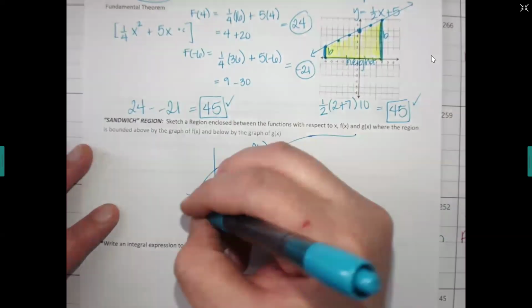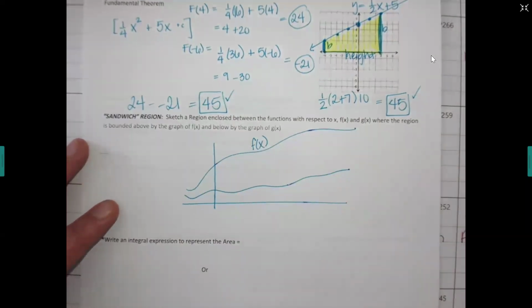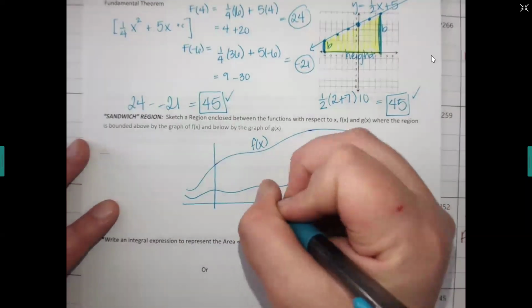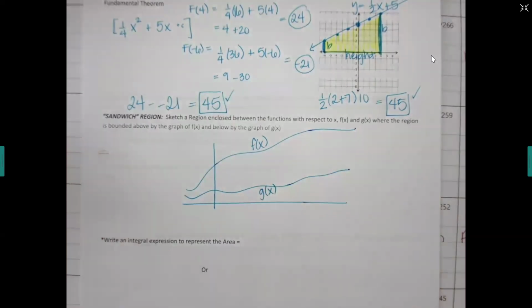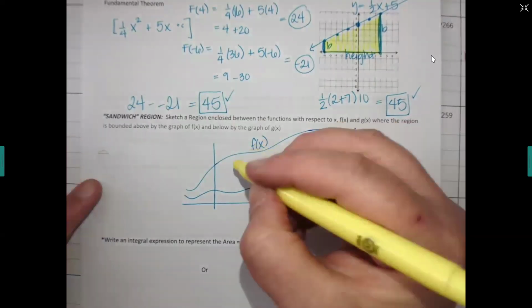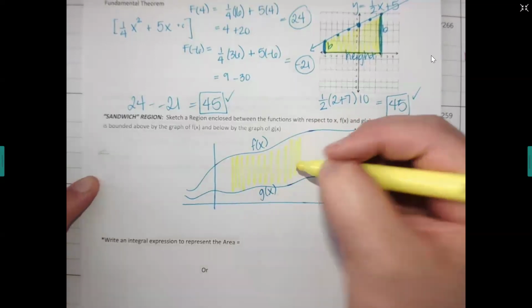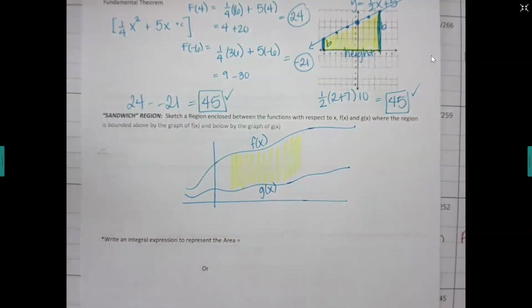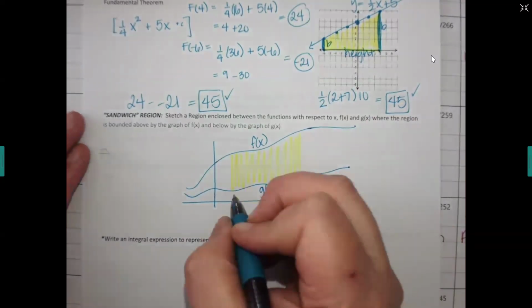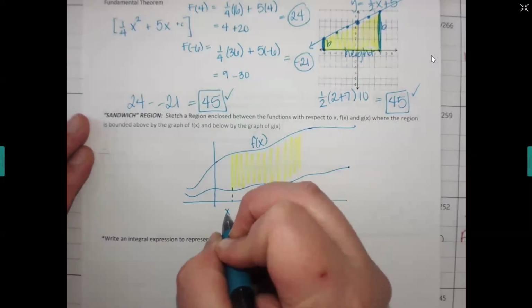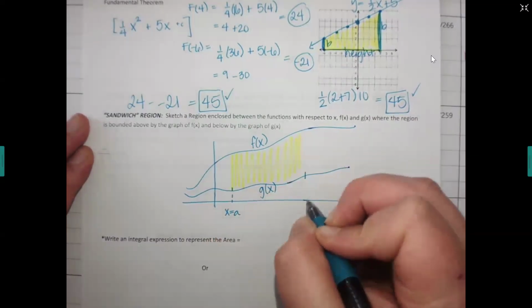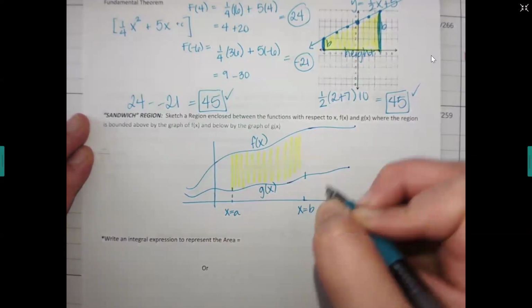Say it's here. We'll call it g of x. And the area that you want is trapped between them. So I don't want the area all the way to the x-axis. I actually only want the area between f and g. So we'll say this is x equals a. We'll say this is x equals b.